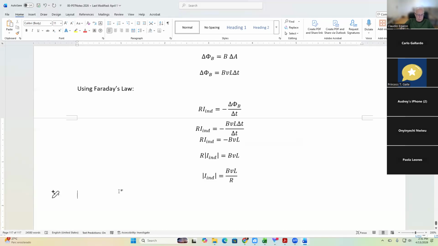So let's do a numeric example of the above equation. Consider the value of the magnetic field of the Earth at the North Pole.